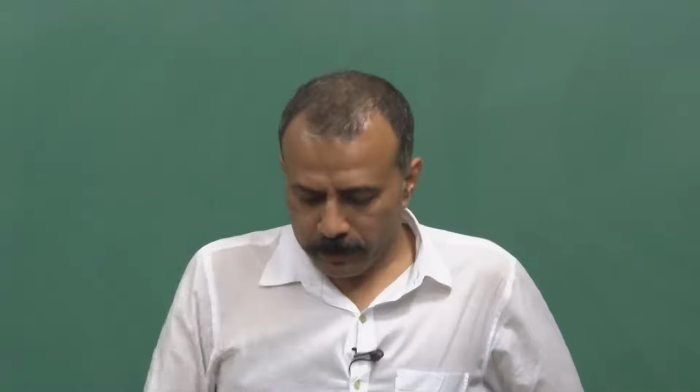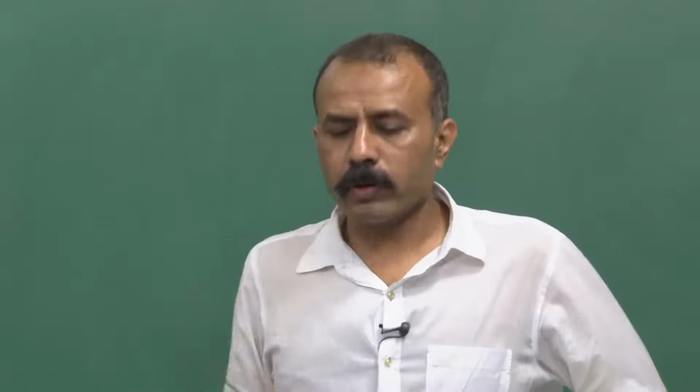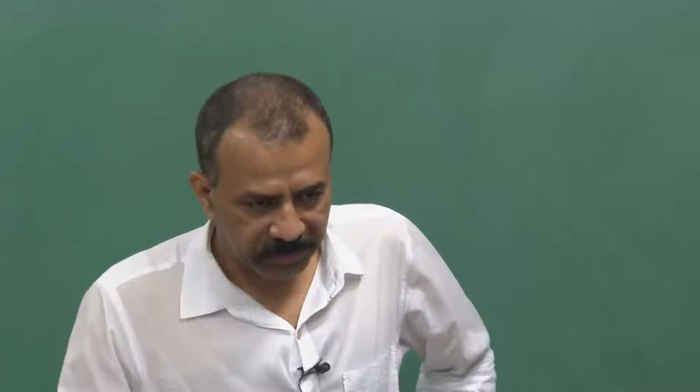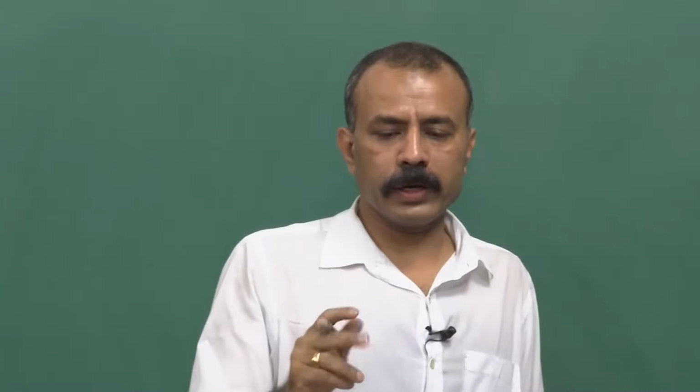So, the way John approached the problem was very interesting. The first thing he did: for peripheral neurons, what are the sources? And please do not lose track that we have to come back.